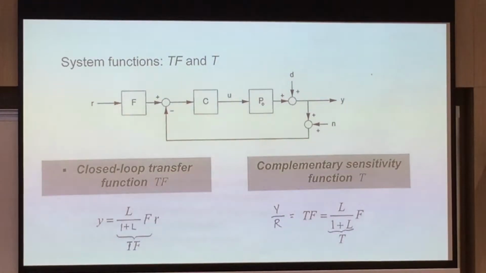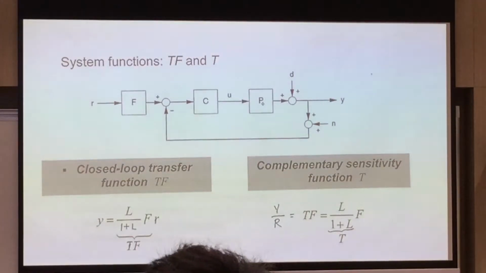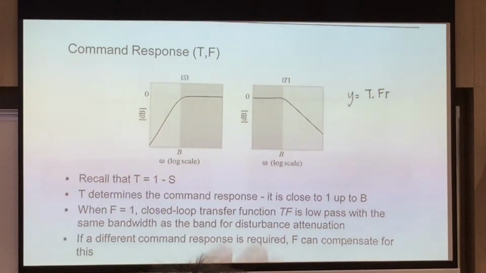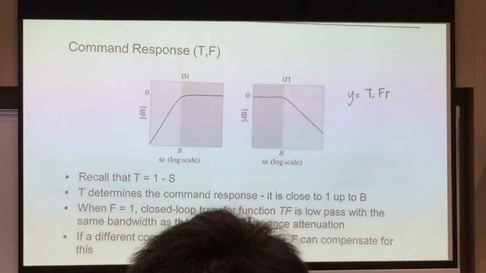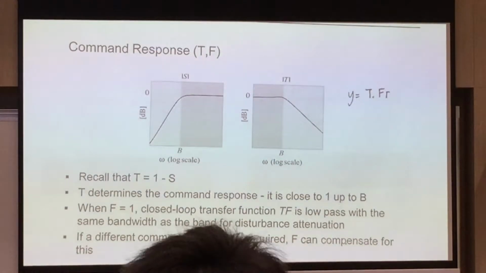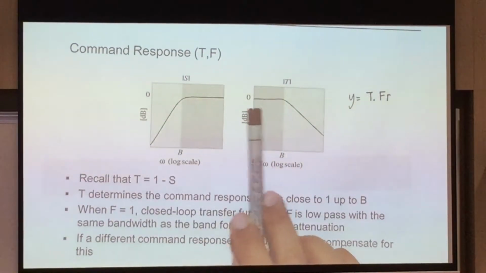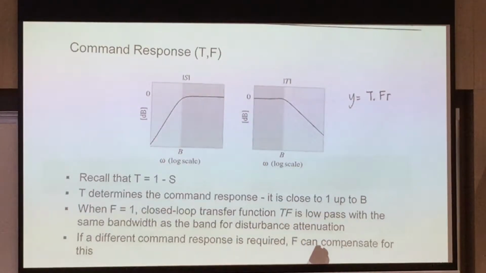Okay, next, the complementary sensitivity function, T. Okay, recall that we said that T will come into play for the command response tracking and also for the measurement noise. Alright, so in terms of command response tracking, Y is T times FR. Let's see that for the linear region in the bandwidth, T is approximately 1.